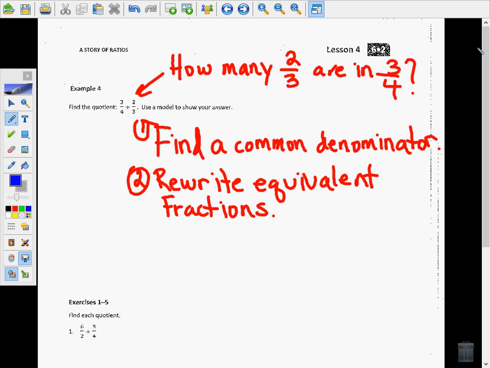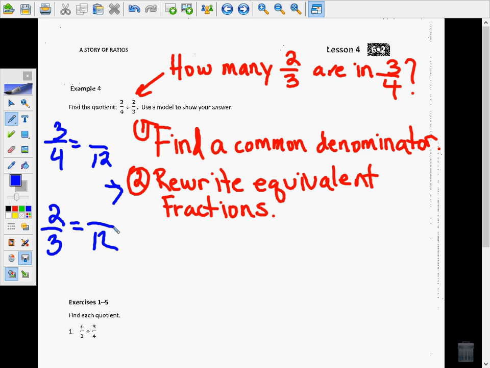Can you think of a number that both 4 and 3 go into? 12. You can get 4 and 3 into 12 evenly. So that's the first thing you want to do. Rewrite them now so that they have a common denominator. So 3/4 is how many twelfths? And also convert 2/3 into twelfths.